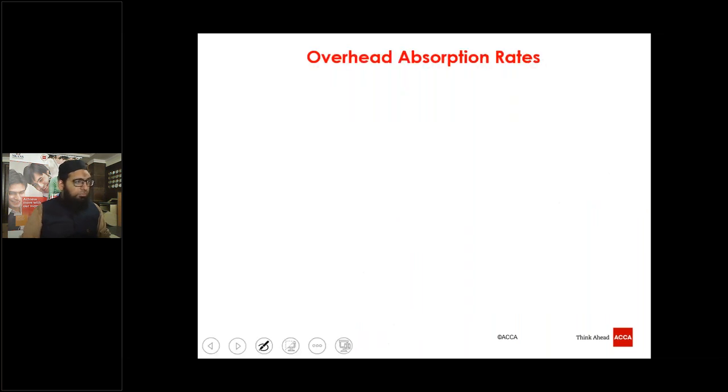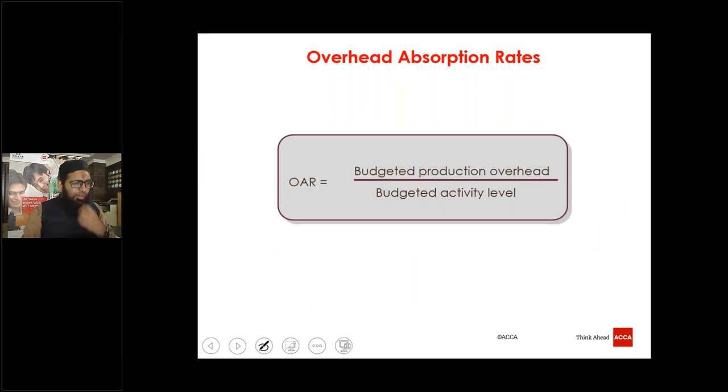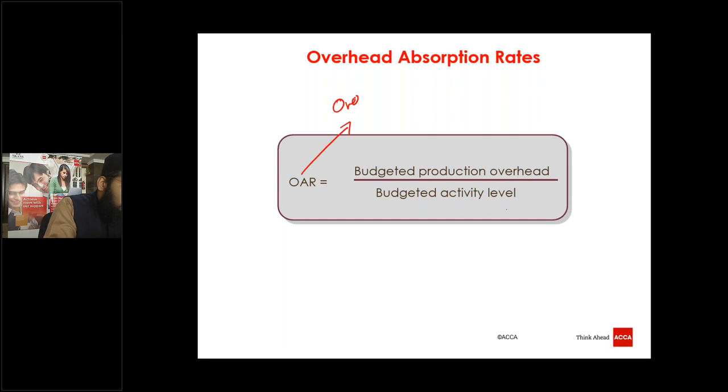Now, how do we determine the overhead absorption rate? The overhead absorption rate will be the budgeted production overhead divided by the budgeted activity level. This is how we calculate the overhead absorption rate. OAR stands for overhead absorption rate.